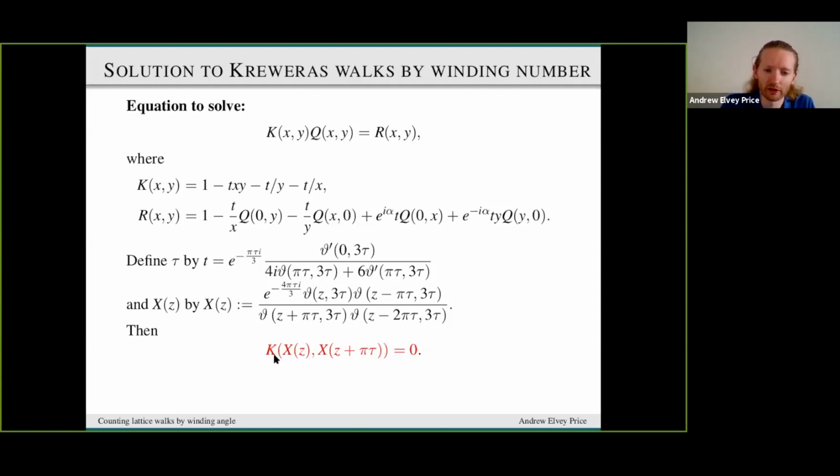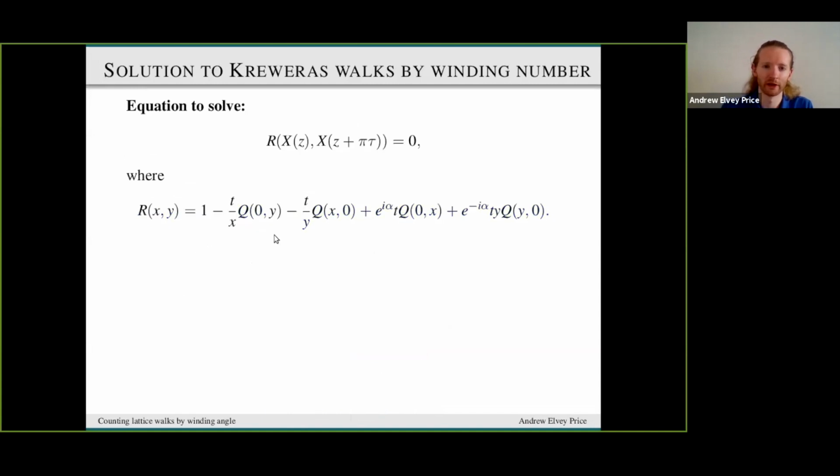But anyway, we get this equation for a certain explicit function x(z). And since this is equal to 0, it means that r(x(z), x(z) plus pi tau) is also 0. So this is the new equation we need to solve, where r(x,y) is given by this. Okay, so we need to solve this.